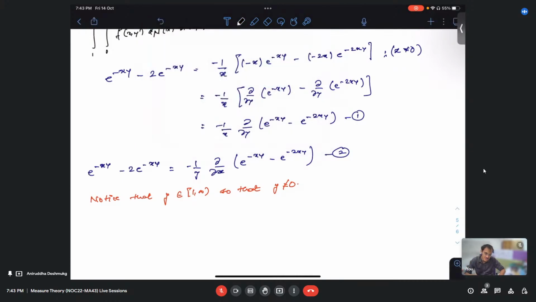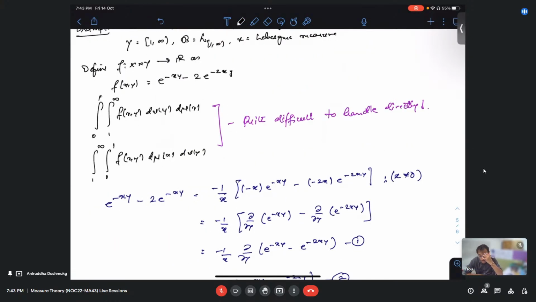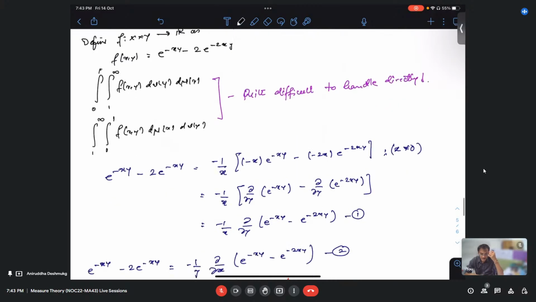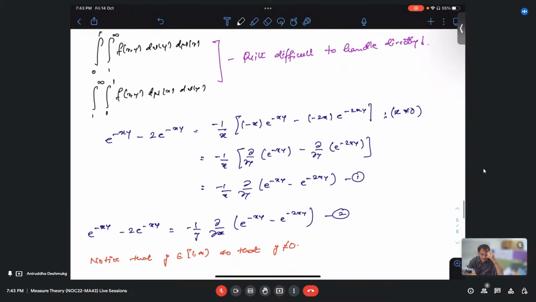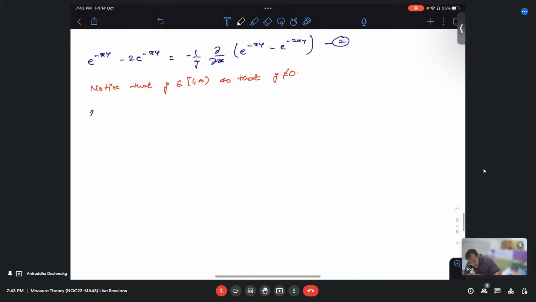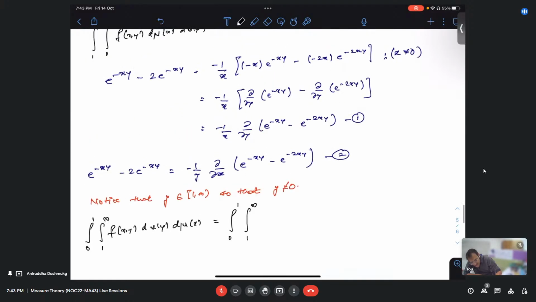Okay, so now let us compute it, because now one can hope to do it nicely, using the fundamental theorem of calculus and all. So integral 0 to 1, integral 1 to infinity, f of xy d nu y d mu x. This is equal to integral 0 to 1, integral 1 to infinity. Let us see what it is.